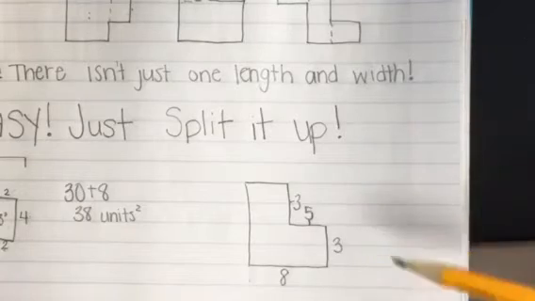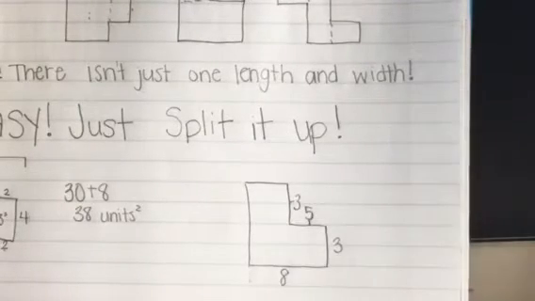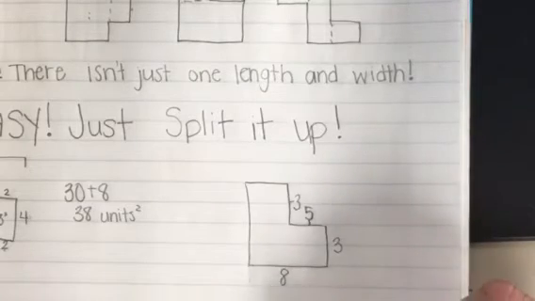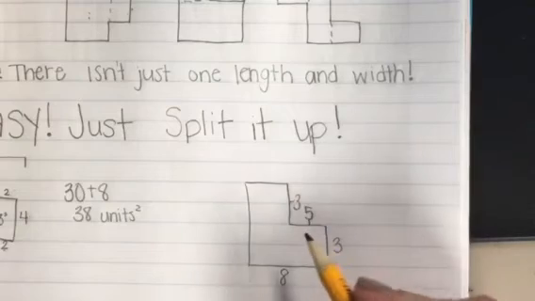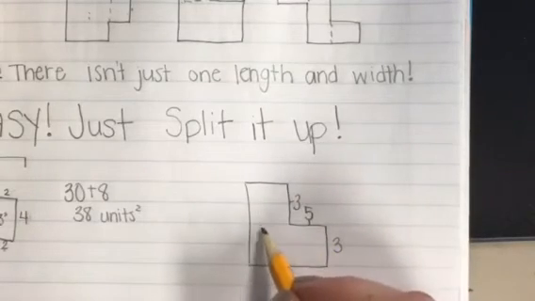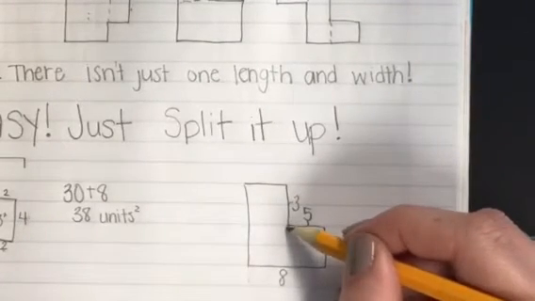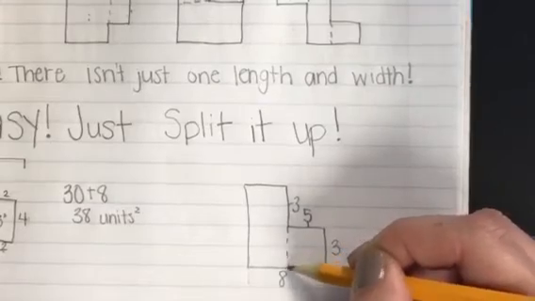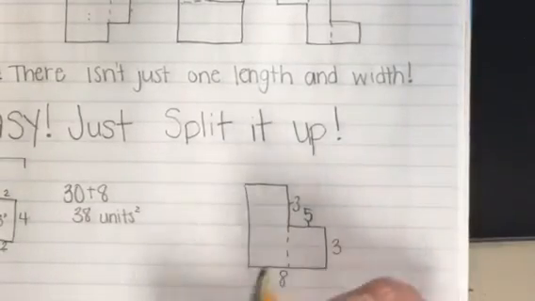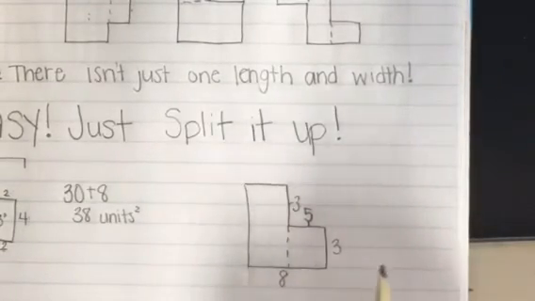Remember that you can stop your video at any time if you need to get something copied down, and press play when you're ready to begin again. All right, so again, I've got this L figure. Okay, well, I see that I can split this shape this way. And I've got this rectangle and this square.